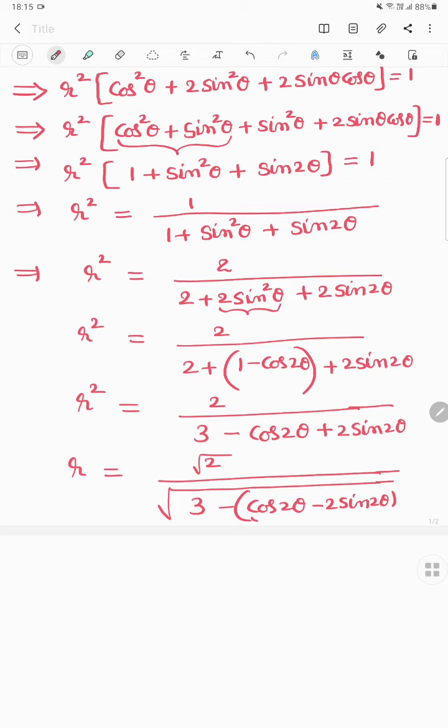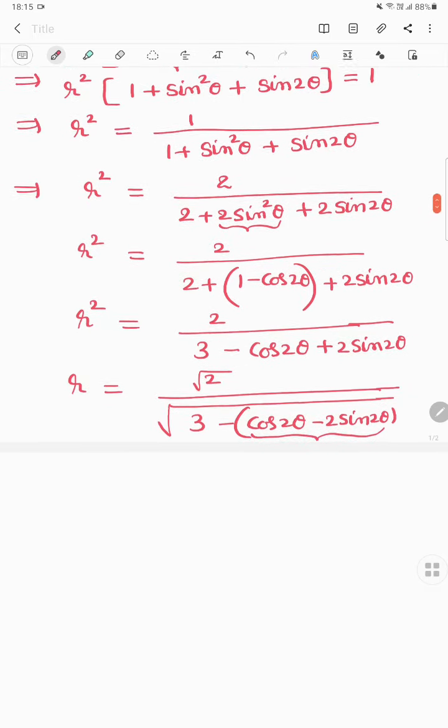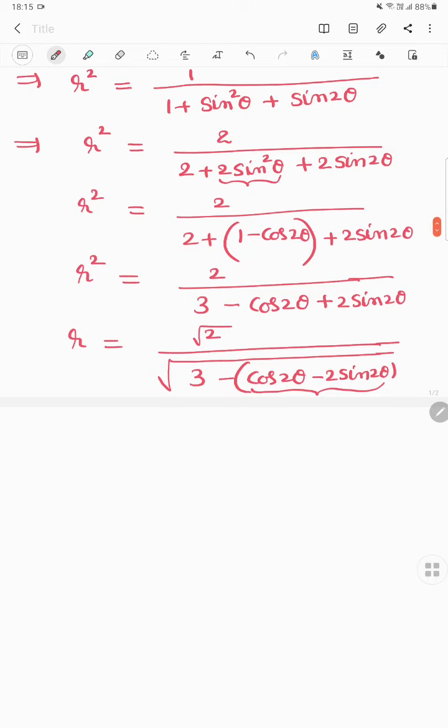Separately you have to consider this one, and from trigonometry we have maximum and minimum values. So separately, consider f of theta as cos 2 theta minus 2 sin 2 theta.